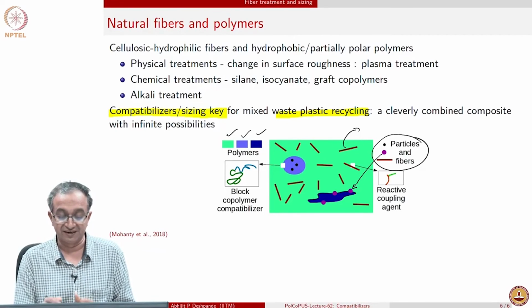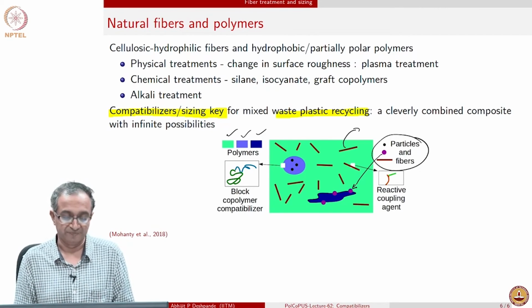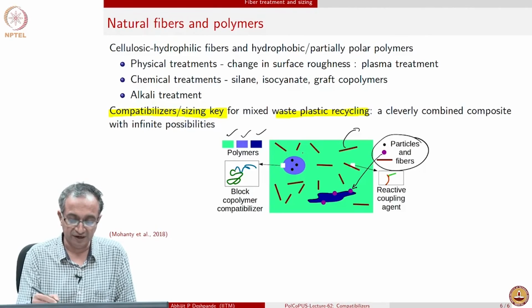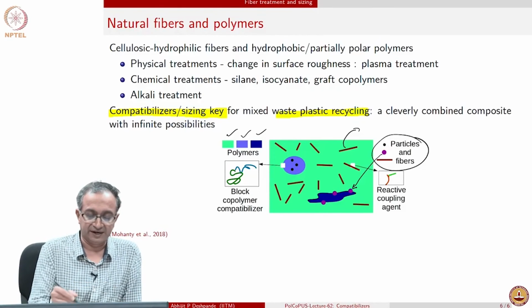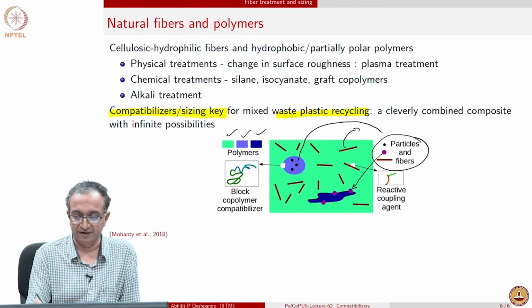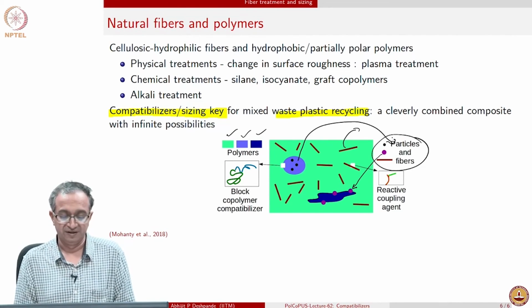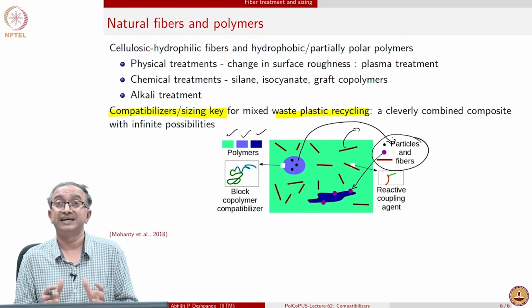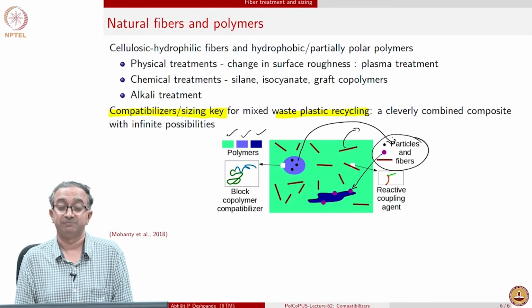In this case, green and dark blue polymers can be compatibilized using a particle. We could also have other sets of particles which are again acting as reinforcing material. This set of particles is acting as reinforcement within the blue polymer, and in all of these cases there are so many interfaces and so many compatibilization actions which may be needed.